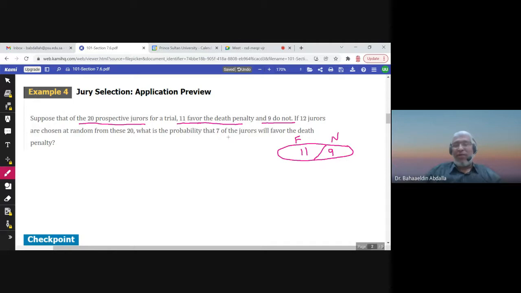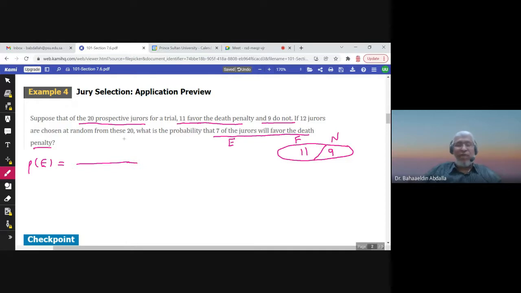What's the probability that 7 of the jurors will favor the death penalty? Let me call this event E. And the probability of E would be the number of elements in E over the number of elements in the sample space. What is the experiment?